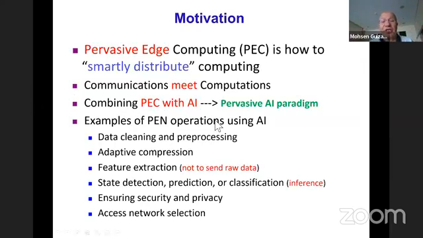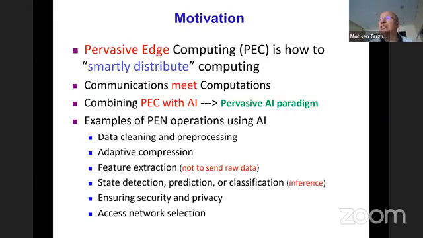So it's communications meeting computations, and combining pervasive edge computing with artificial intelligence brings us the new pervasive AI paradigm. Examples of these are data cleaning and pre-processing. Remember, we want to do the pre-processing and data cleaning before we send the data to the cloud, and adaptive compression.